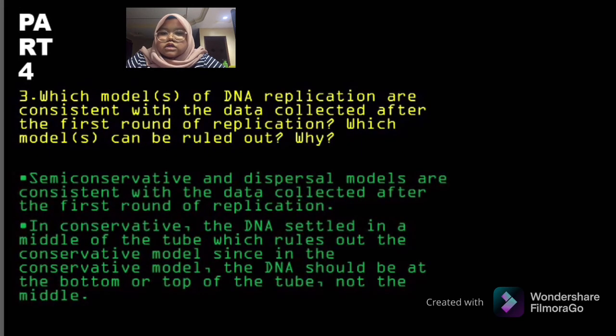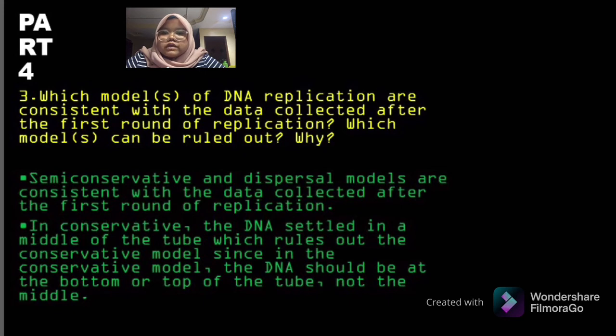Next question, which models of DNA replication are consistent with the data collected after the first round of replication? Which models can be ruled out and why? So the first answer is semi-conservative and dispersive models are consistent with the data collected after the first round of replication.